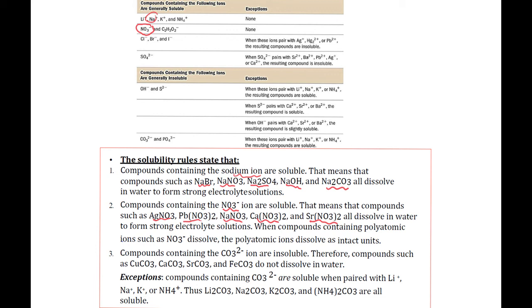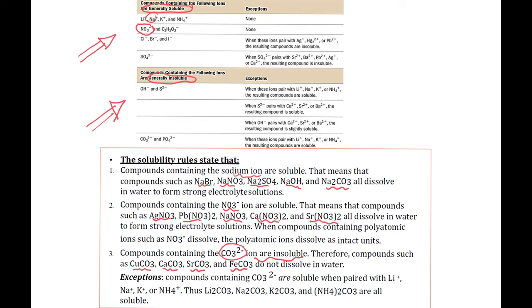Compounds containing carbonate are insoluble, because this part is for the salts that are generally insoluble, but this part is for the ions that are generally soluble. Therefore, copper carbonate, calcium carbonate, strontium carbonate, iron carbonate are all insoluble.